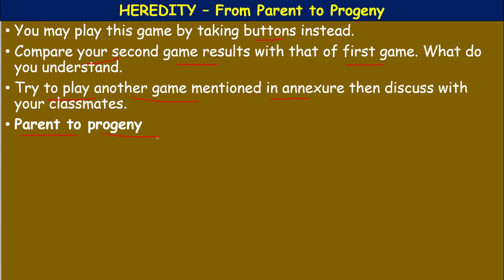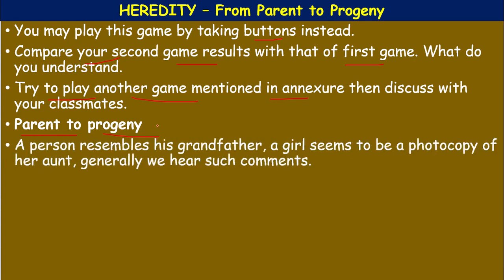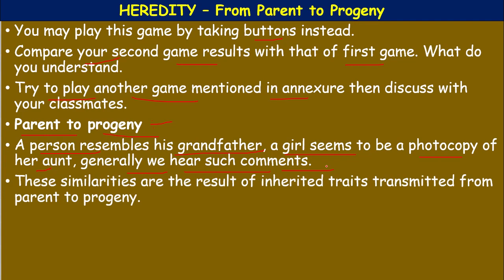Parent to progeny. If you take the parent to progeny now, the actual part: a person resembles his grandfather. A girl seems to have a photocopy of her aunt. Generally, we hear such comments when we attend a function.